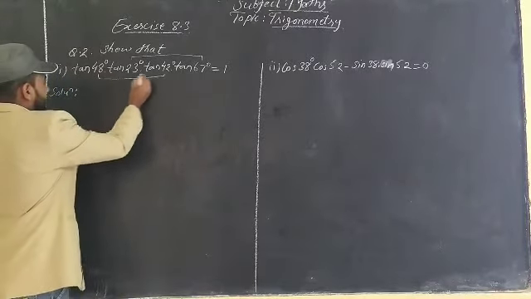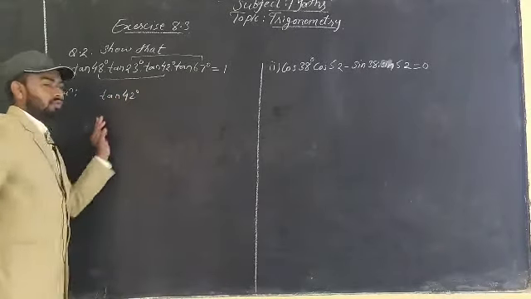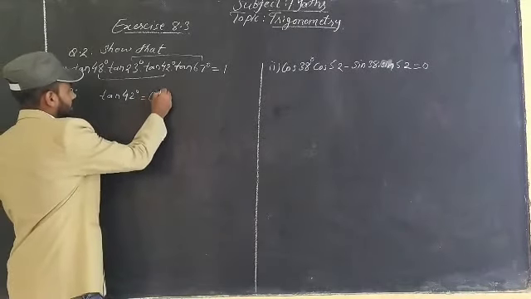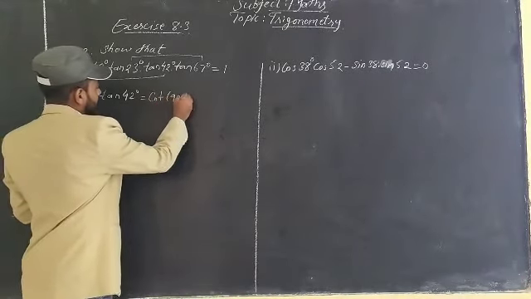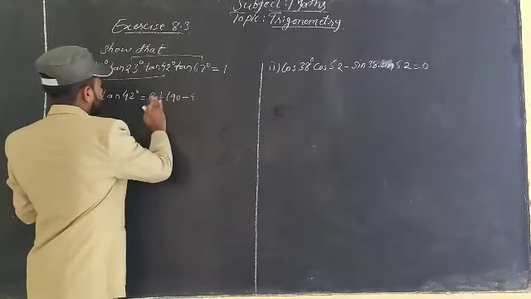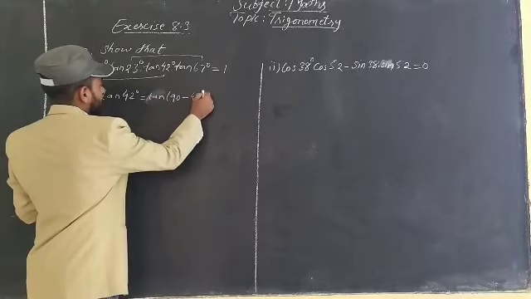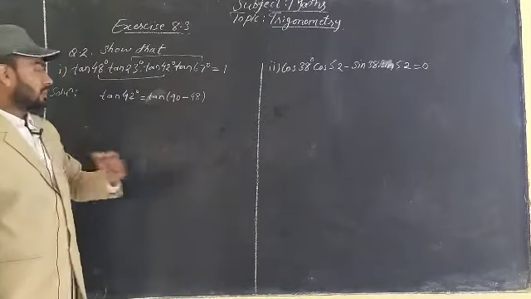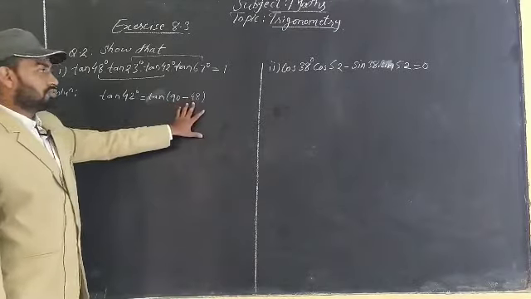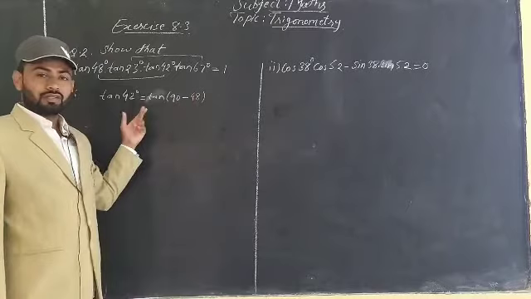See, this tan 42 is equal to, I can write it as tan of 90 minus 48 degree, because 90 minus 48 is 42, and those two are complementary.